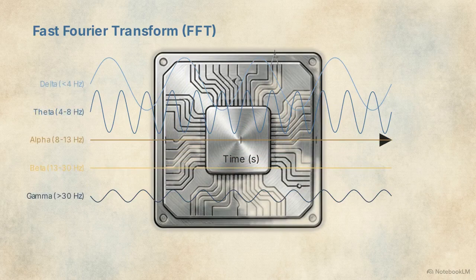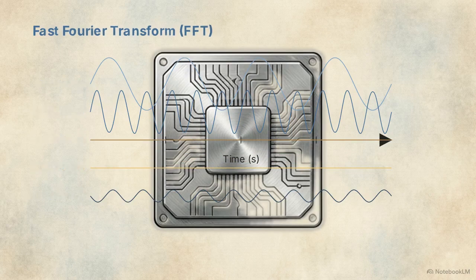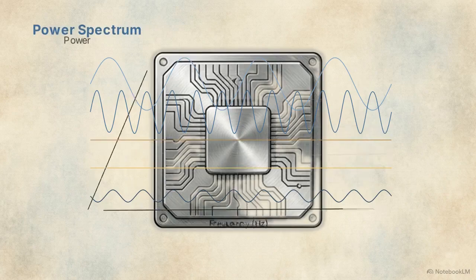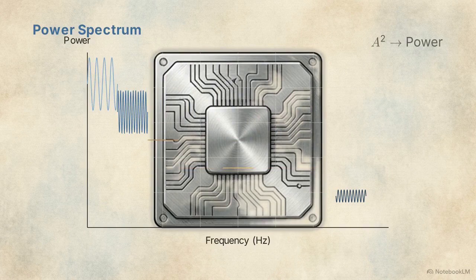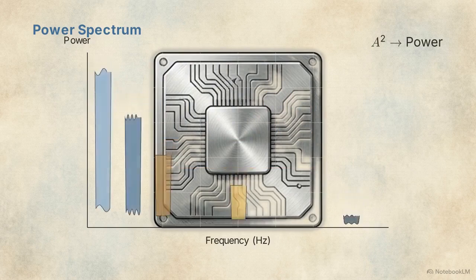The fast Fourier transform decomposes any complex, chaotic waveform into its constituent sine waves, separating them by their specific frequencies and amplitudes. Once separated, these individual sine waves are mathematically plotted onto what is called a power spectrum. By squaring the amplitude of the individual components, the data is reorganized into a chart plotting frequency against power.